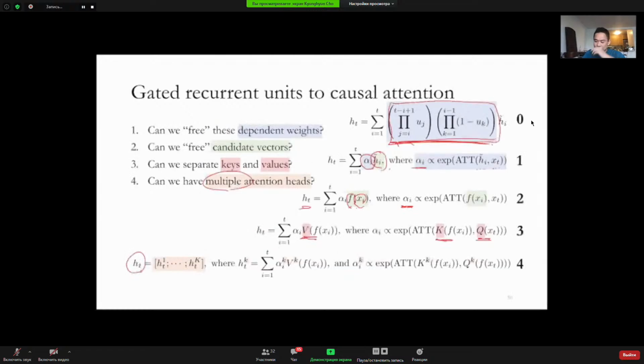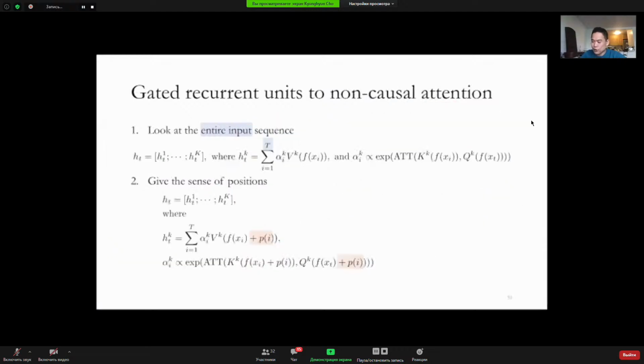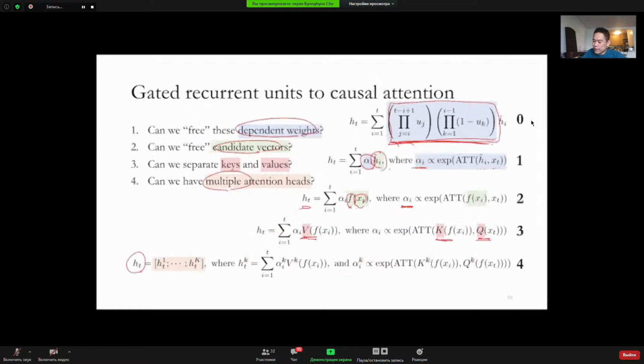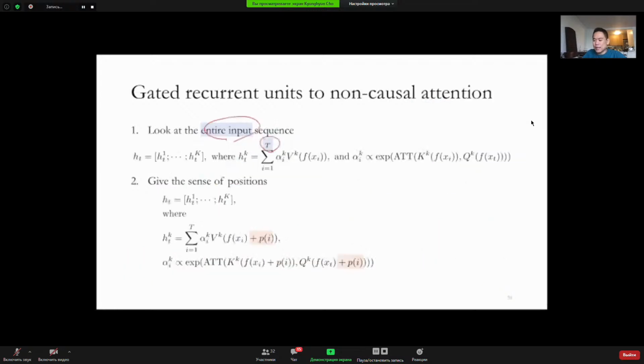So the order was encoded in having these weights being dependent on each other, candidate vectors being dependent on each other, but we relaxed these two constraints. So this attention works without regard to the order. What that means is that we can just apply it to the entire input rather than only to the previous vectors, which was the case up until now. And that's how you end up with a non-causal attention.